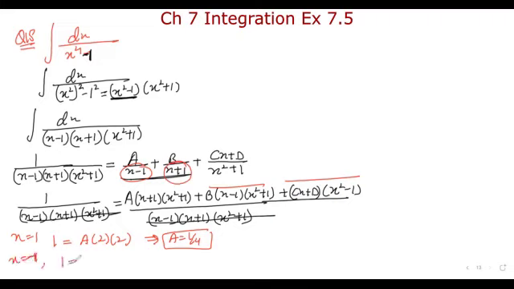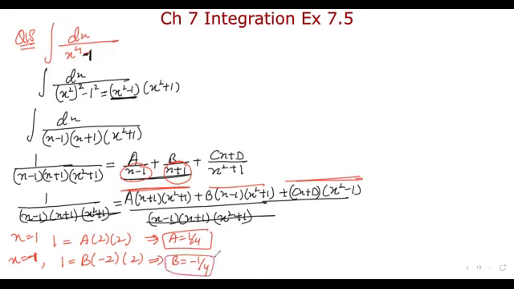If I put x as minus 1, this value will be B into minus 2, 2. And x is 1, this value will be 0. So the value of B is minus 1 by 4.